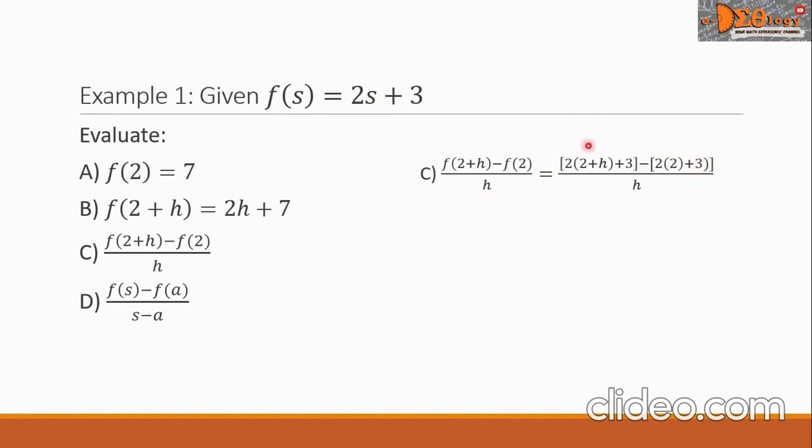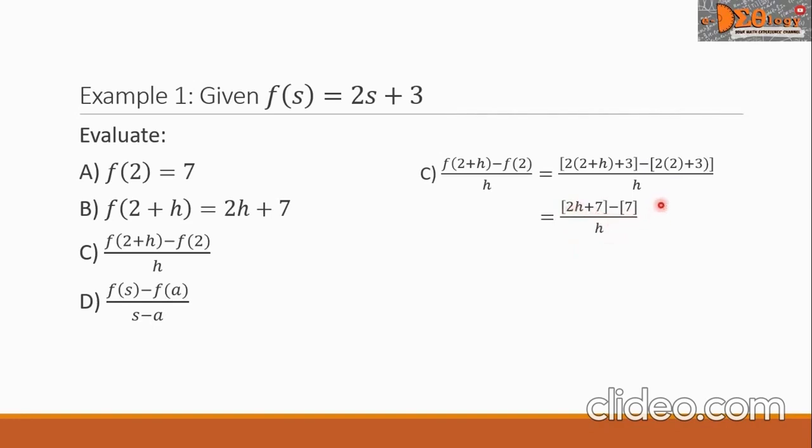We can simply substitute the values of A and B respectively. So we have now the group 2h plus 7 minus the 7 all over h. And to simplify further, if I remove the grouping symbol, the positive 7 and the negative 7 here will cancel each other.